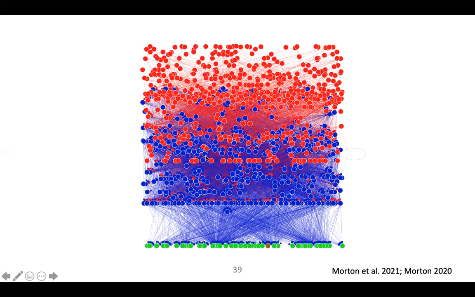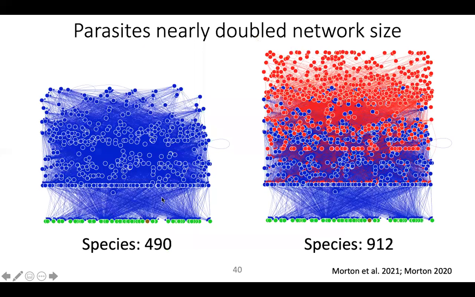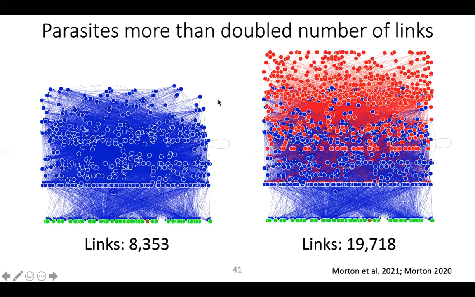And so if we compare the food web with just free living species and with parasite species added, it almost doubles the size of the network. Just letting the images load, because these pictures are large, so Zoom sometimes gets upset about it. And it more than doubled the number of links.